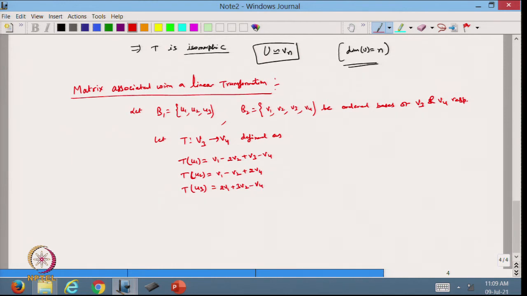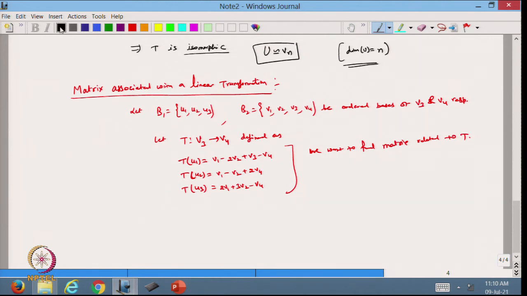So, this is the transformation given to me. Now, we want to find the matrix related to the linear transformation T.